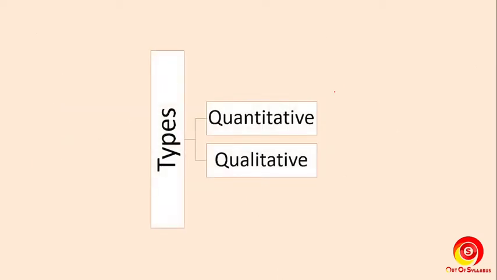Before that, we'll see what are the different types of data. The major two types of classification are quantitative and qualitative. The name itself suggests the meaning. Quantitative means something which is associated with quantity, which can be measured. Something which can be measured is known as quantitative data.